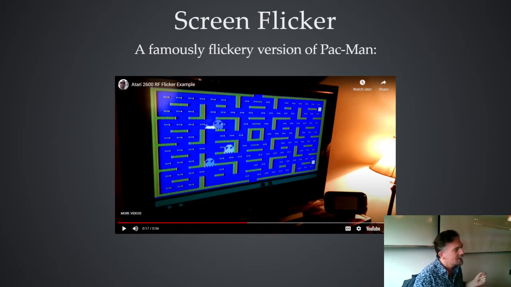But that had the convenient side effect that for Pac-Man, when it drew that ghost on frame one, the fading phosphor would kind of cover it for the next couple of frames, and it actually wouldn't look quite so hideous as it does on a modern TV. Modern TVs are very sharp, and they don't have image persistence.